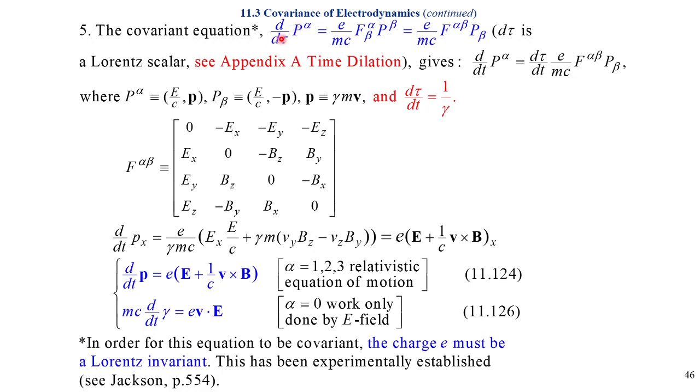We learn the proper time over and over again, at least 3 times. So dP alpha over d tau equals e over mc F alpha beta P beta.